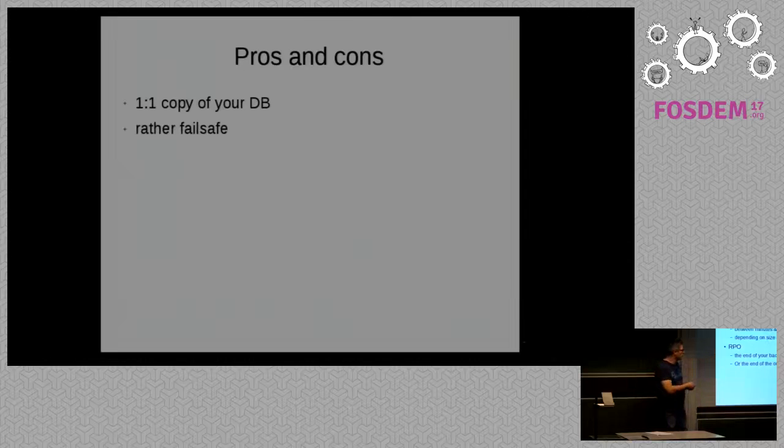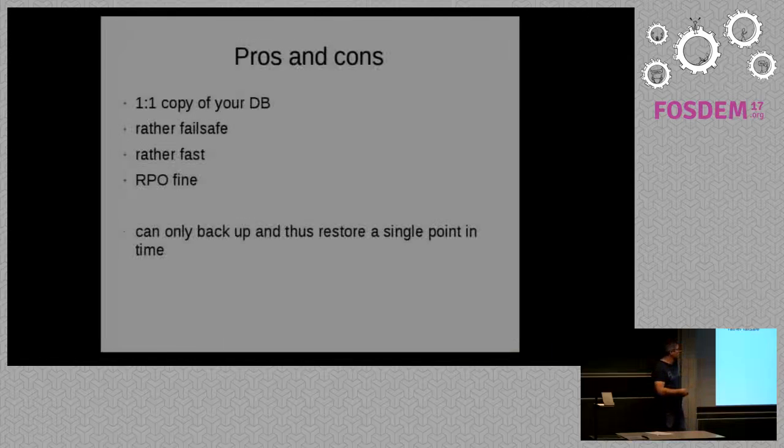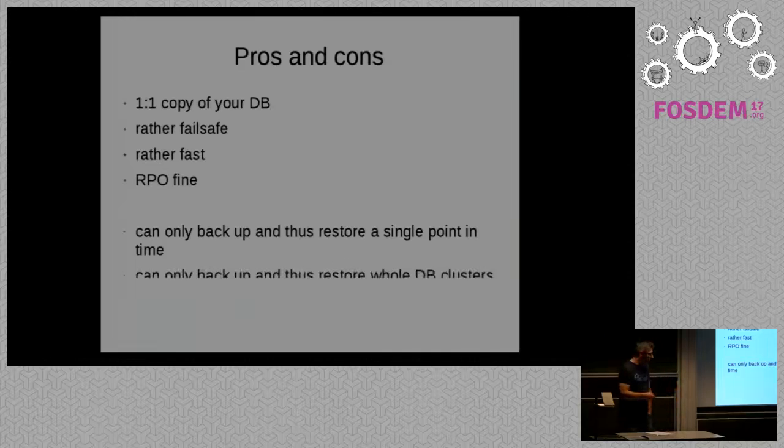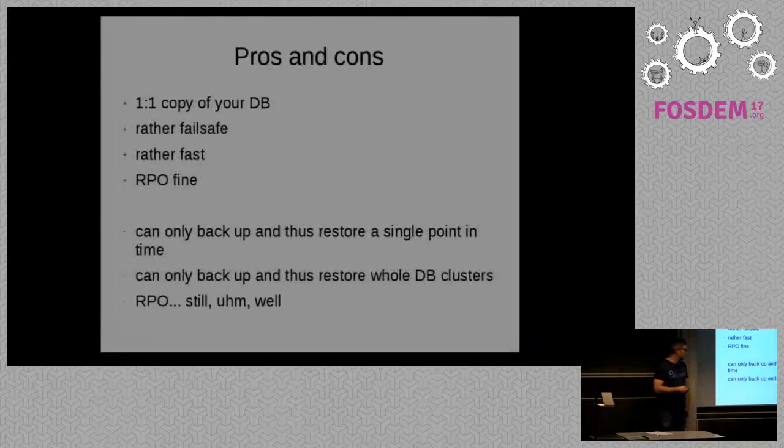Pros and cons. It's a one-to-one copy of your database, rather fail-safe, rather fast. RPO is fine. Oh wait, the RPO is fine, actually. Never mind, so that's RTO. You can still, in this case, only back up and thus also restore a single point in time. And you can back up and restore only a whole database cluster, so an instance of Postgres.